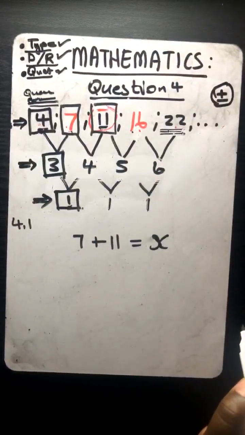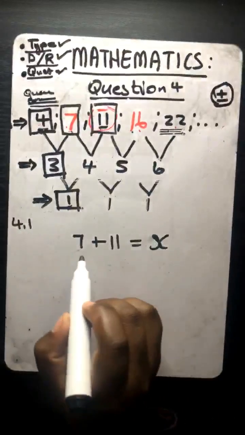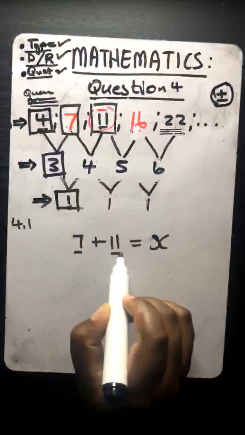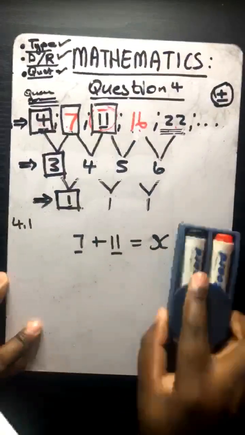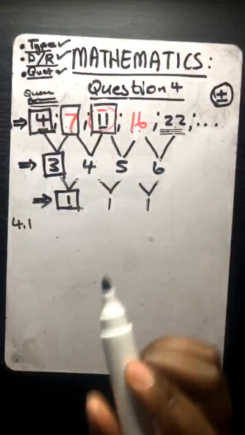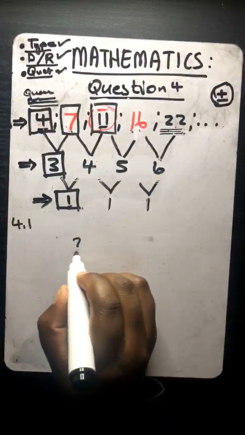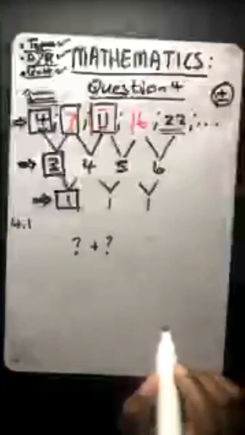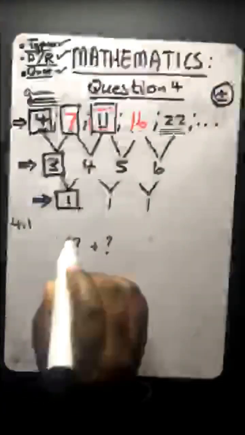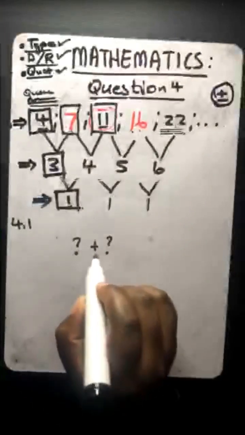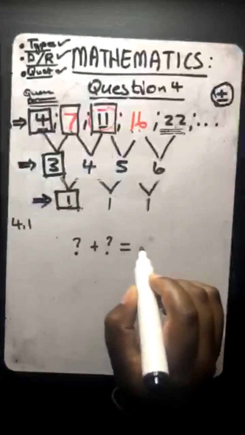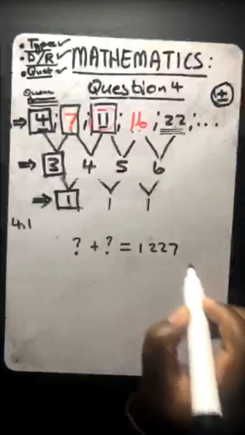Now on that question, they are not saying if you add stand number 2 and stand number 7. They are not telling you that. They're just saying if you take an unknown stand number with an unknown number of people and add that to the next stand, they give you 1,227.